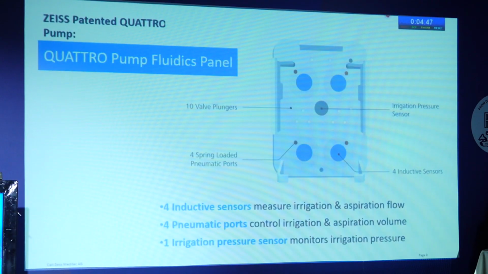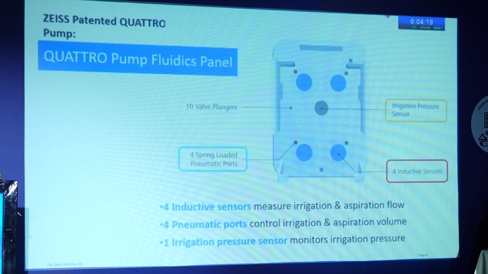If you look at the Quattro pump fluidic panel, you see there are 4 blue dots, which are actually inductive sensors. These inductive sensors measure the irrigation and aspiration flow, and 4 pneumatic ports control the volume of fluid which is going to go in or come out of the eye, and 1 irrigation pressure sensor monitors the irrigation pressure and maintains the IOP.